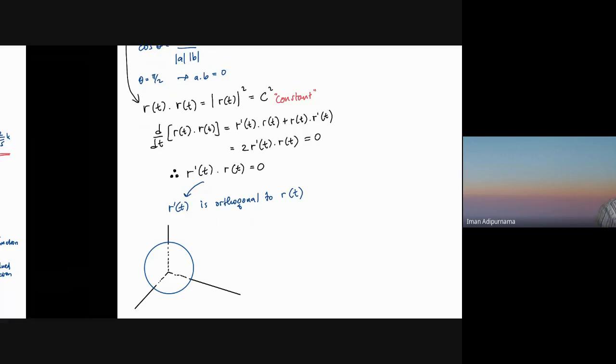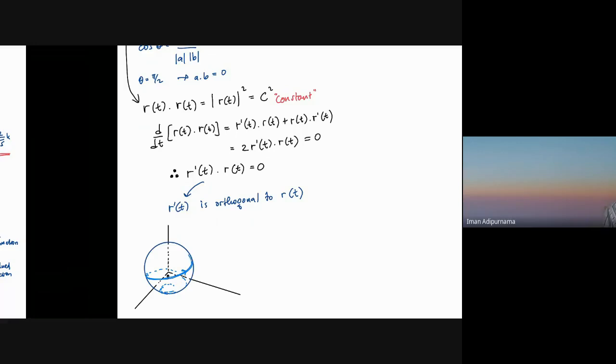If a curve lies on a sphere with the center at the origin, see the spiral like that.